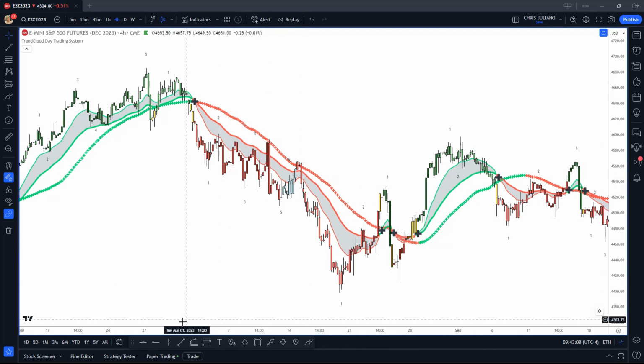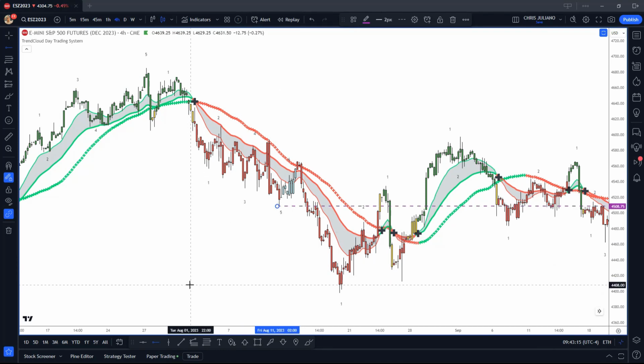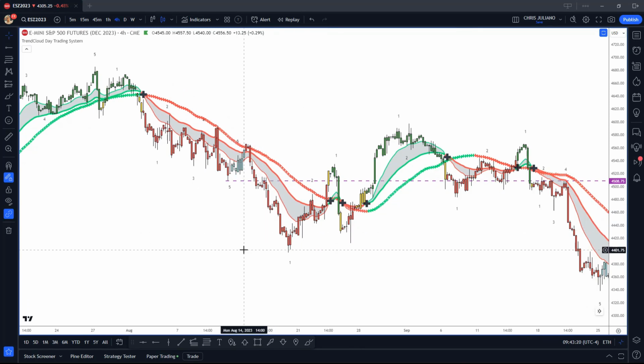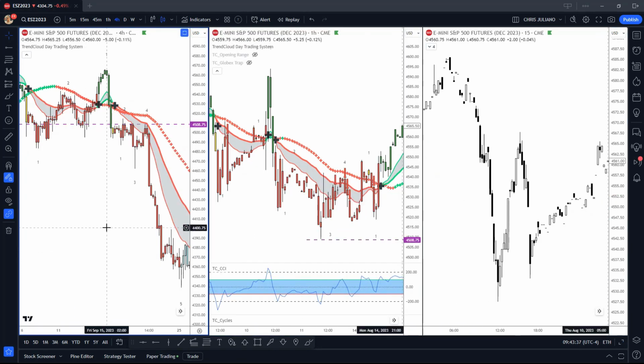A more conservative approach, wait for the candles to turn red and then wait for some sort of break of structure. And that's where you really get a lot of signals. So right here at this point, right at August 15th, we broke through previous structure and you could start taking the trade again.